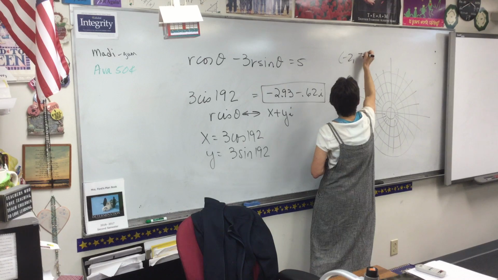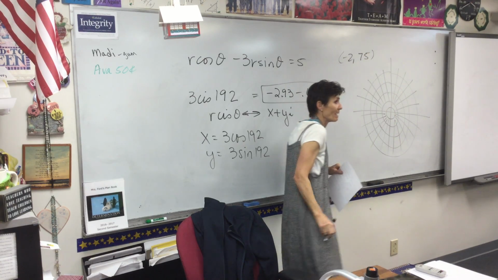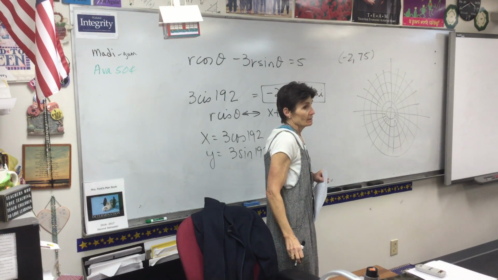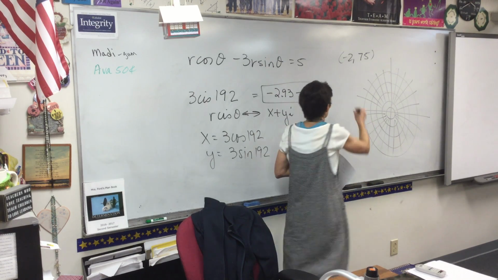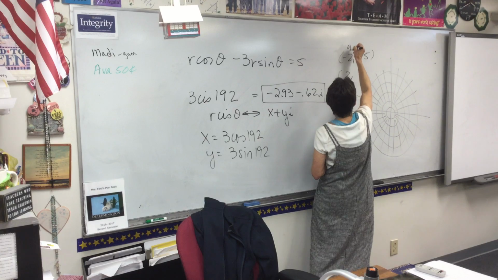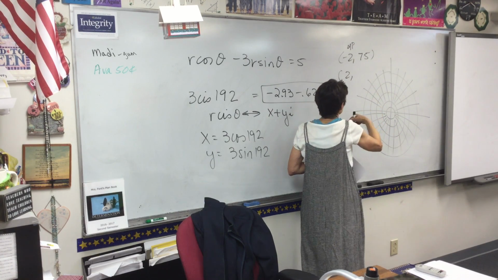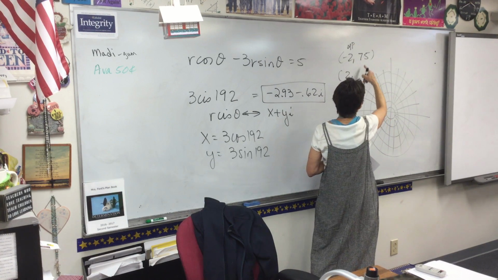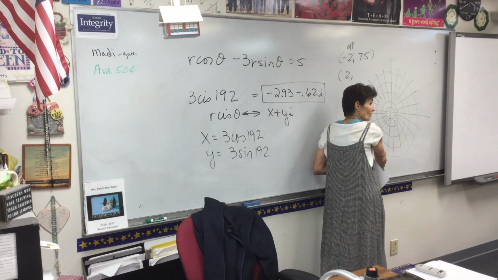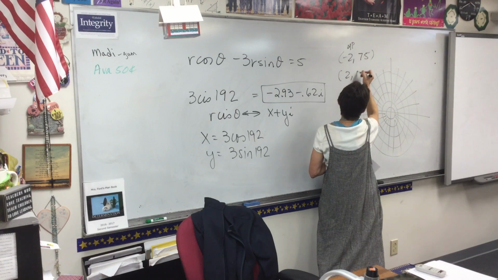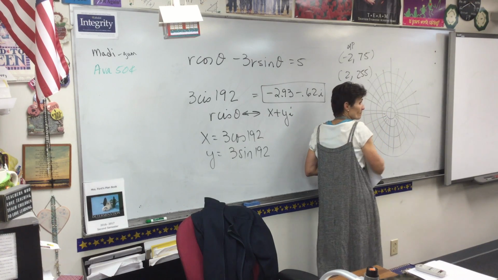Now, negative 2 at 75 is problematic. So what do I do, Jordan? This tells me to plot the opposite point. So I'm going to plot the point 2, and then here's 75. I'm going to the opposite side of the circle. So that would be what, 255?